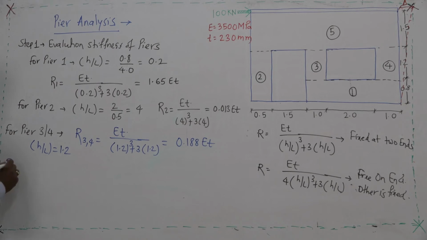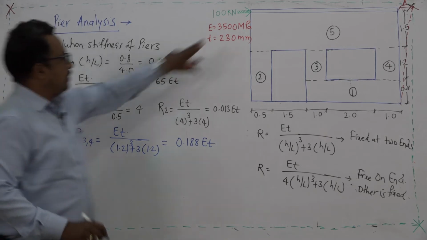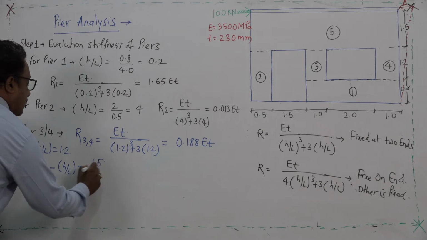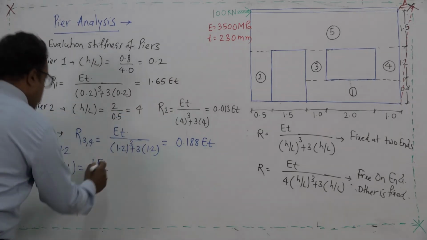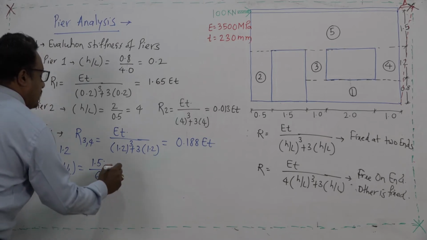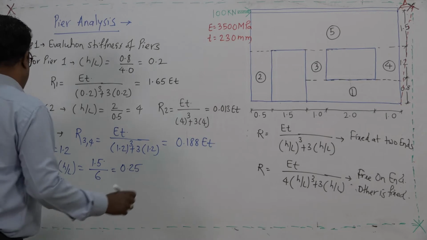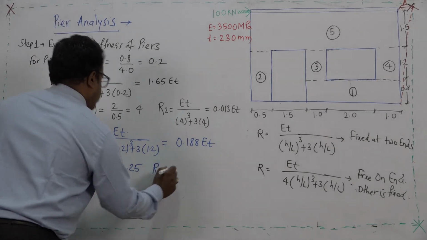Next, for pier 5, the value of h by L, the h will be now 1.5 meter and the L will be entire length of wall. So, that is 6. So, this comes to be 0.25. Therefore, the value of R 5.